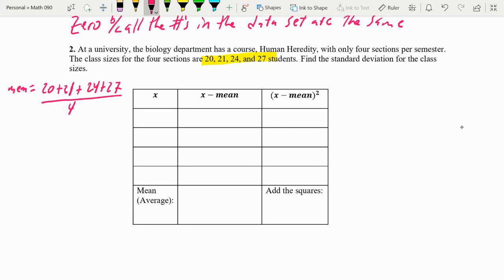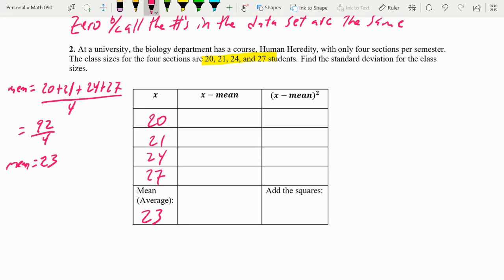There's 4 numbers. So I ended up with 92 over 4. So our mean equaled 23. Let me write it down there. Again, write the numbers: 20, 21, 24, 27.